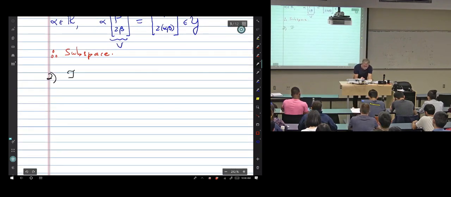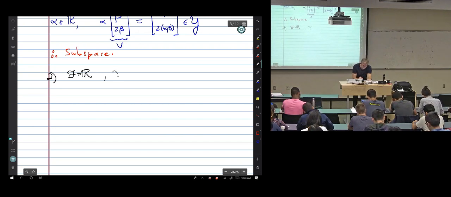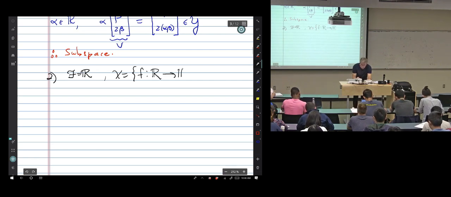Example 2. I'll keep my field as the reals, and I'll take my vector space as F takes R to R. Okay, so we know this is a vector space.